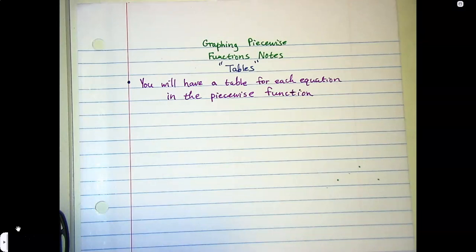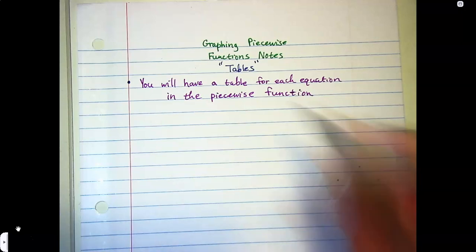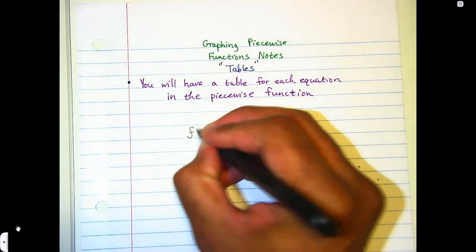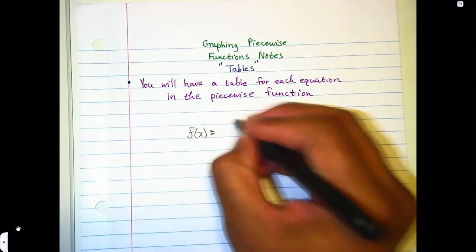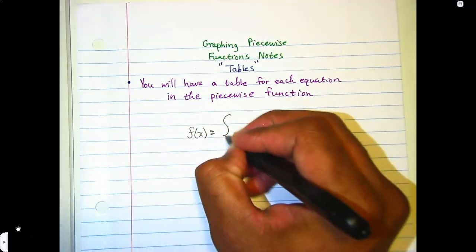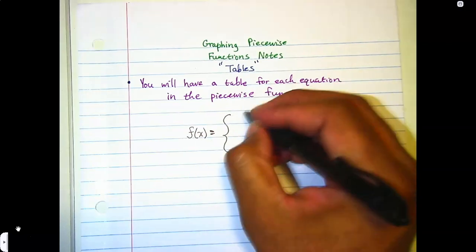Right? So with this, I'm going to write out the piecewise function here. And I'm going to color code it so that when we actually work things out, it's going to hopefully make more sense. Alright, so we have our piecewise function here.